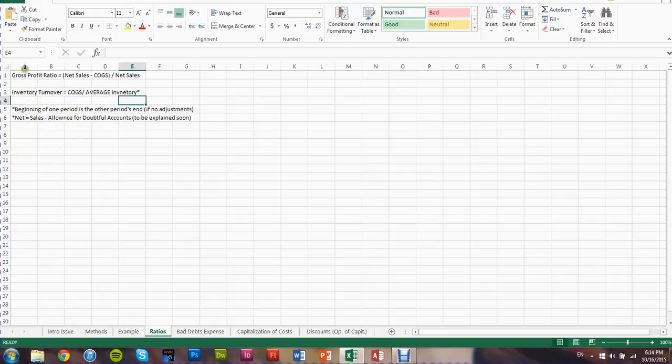So over here, when I said cost of goods sold, it can be messed with if you choose a different inventory system, or mess with bad debts expense to a certain degree. But again, I'll get into that later.